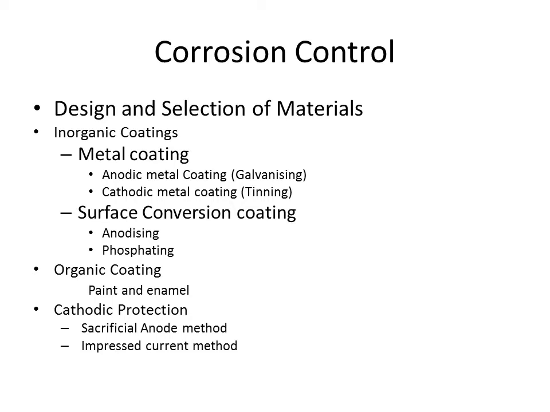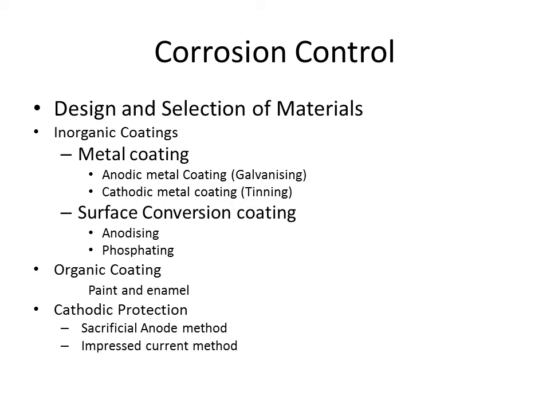In surface conversion coating, what actually they are doing is, the surface of the metal to be protected will be converted into its respective compound and that compound will act as a protective covering on the surface of the metal. Thus it will not undergo further corrosion. In this, the most commonly used methods are anodizing and phosphating.